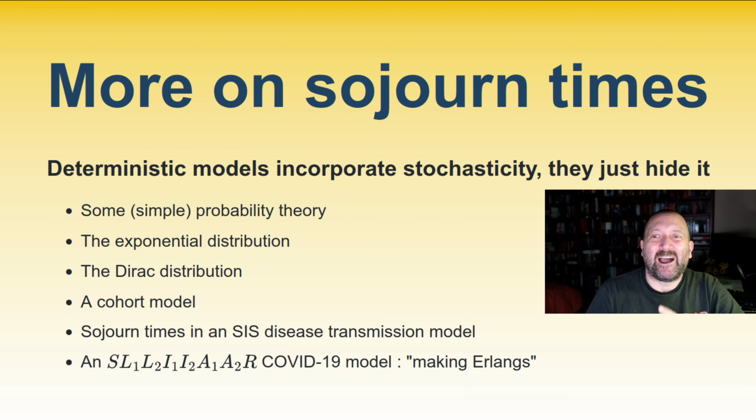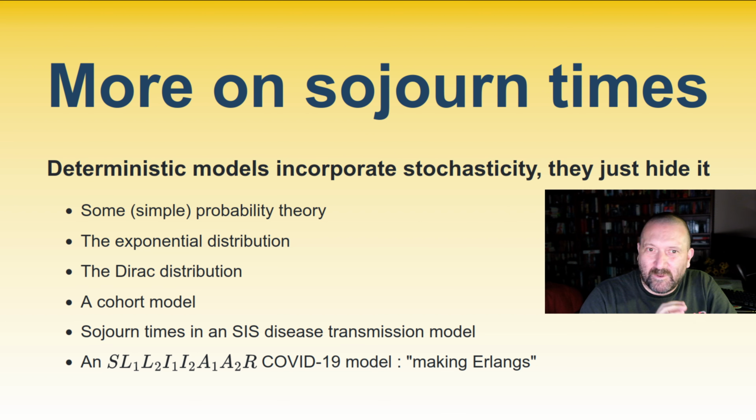They just hide the stochasticity. And I think it's important to talk about this a little bit because it boils down to what is a model and what goes into a model, etc. And once you understand this, you're better equipped to see what happens in the equations that you're using to describe a problem.